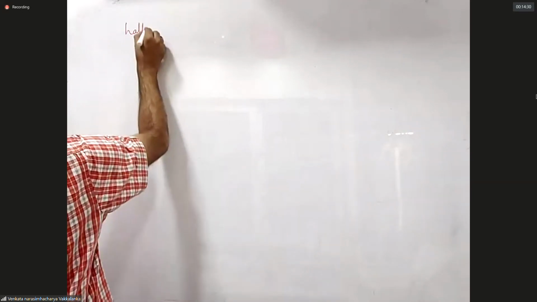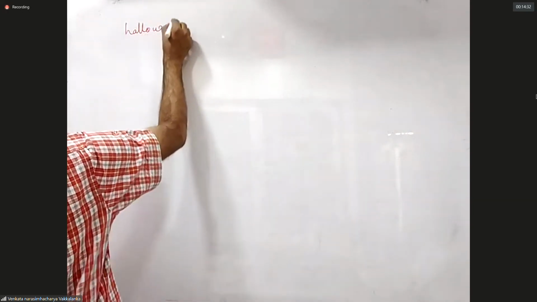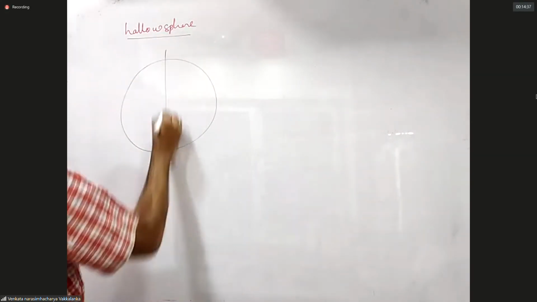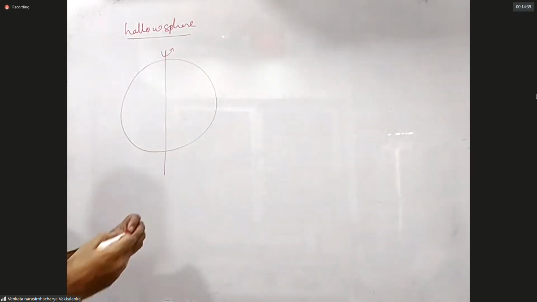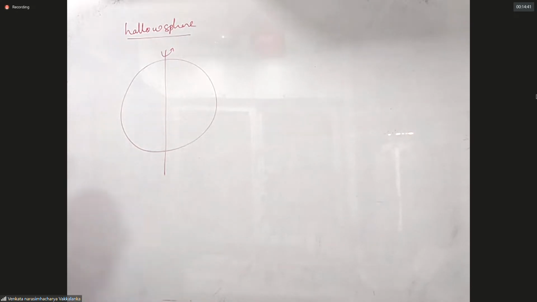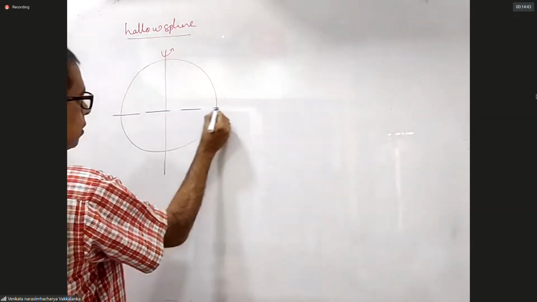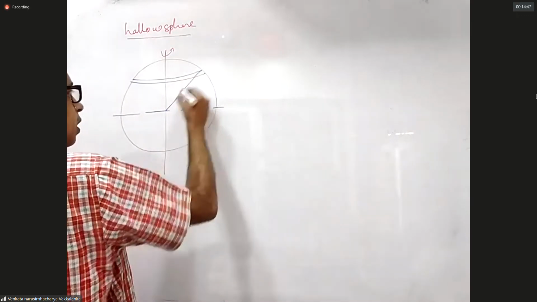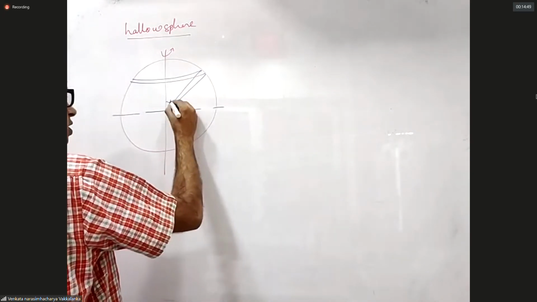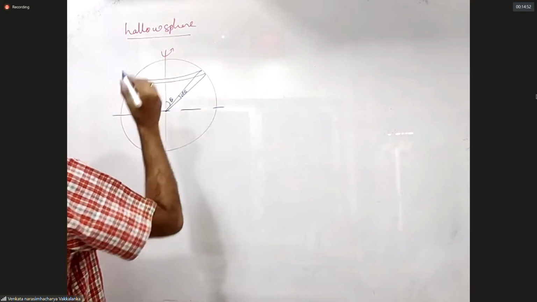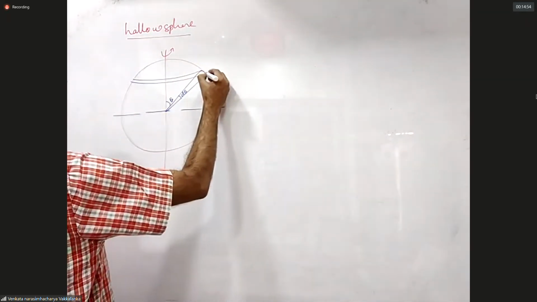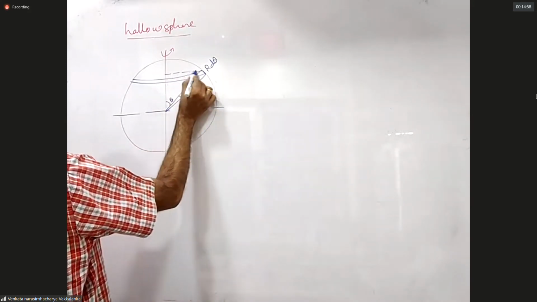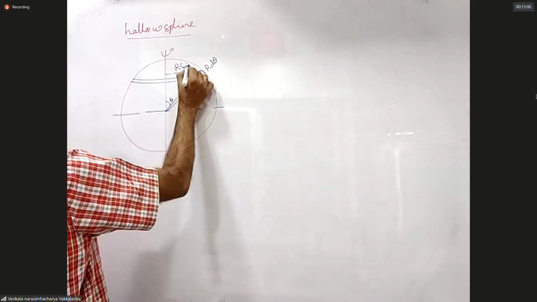Now, hollow sphere. I want the moment of inertia about this axis, for the hollow sphere. Consider an elemental ring such that this angle is theta and this is d theta.